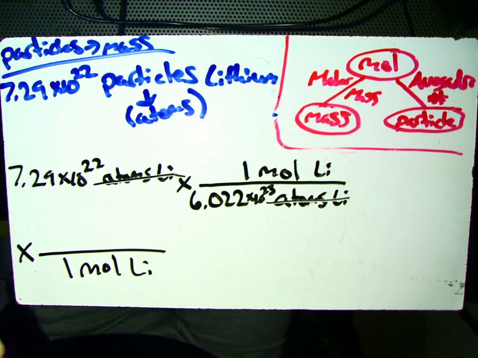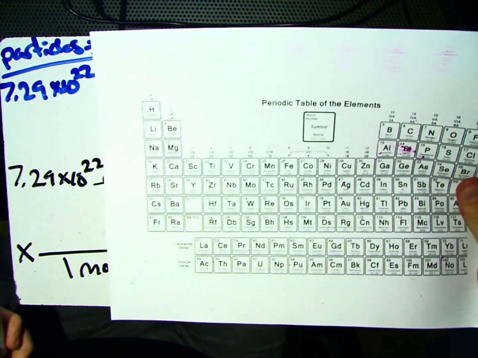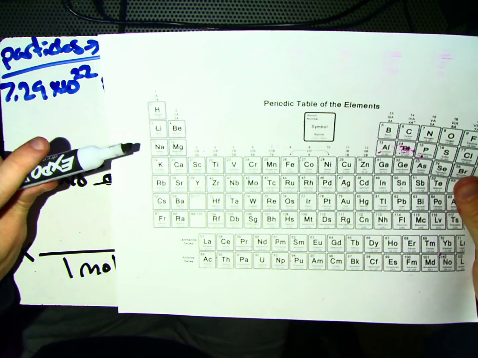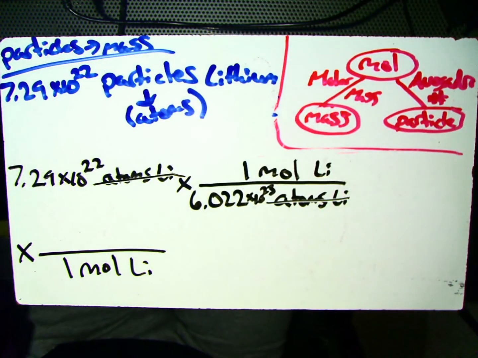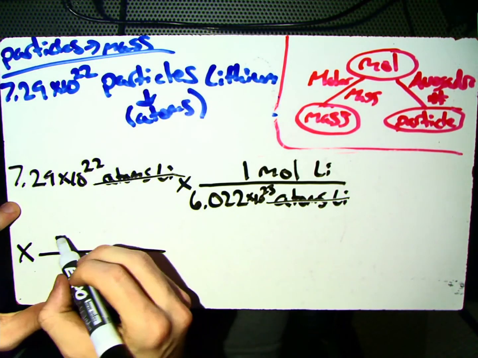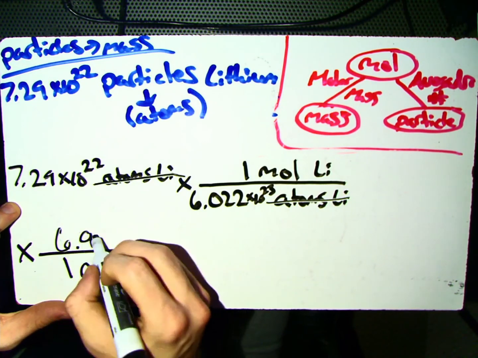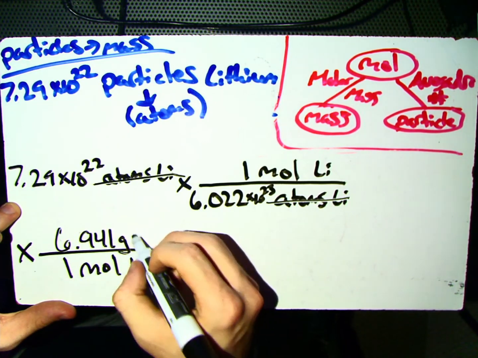If you don't know, remember, molar mass you find right on the periodic table. Lithium's is 6.941 grams of lithium.